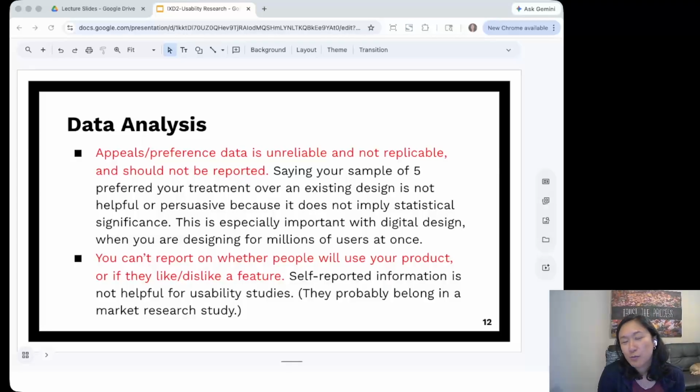You also can't really report on whether people will use your product or if they like or dislike a feature. I think that with a smaller sample size, the impact of the words that your testers use will be much more important than just simply saying that they like it or they dislike it.